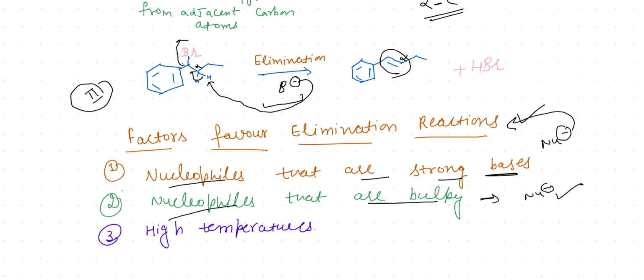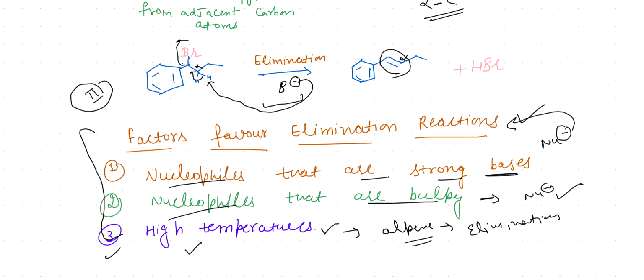The third one is if the reaction is carried out under high temperatures, then it will also form the alkene, which is the major product of elimination reaction. So we will discuss these three factors in detail, how these factors favor elimination reactions.